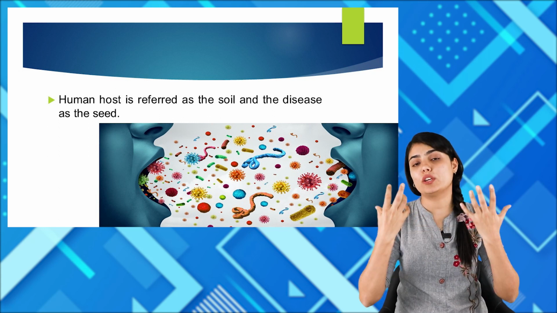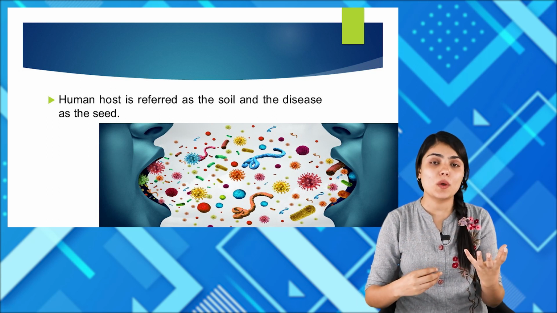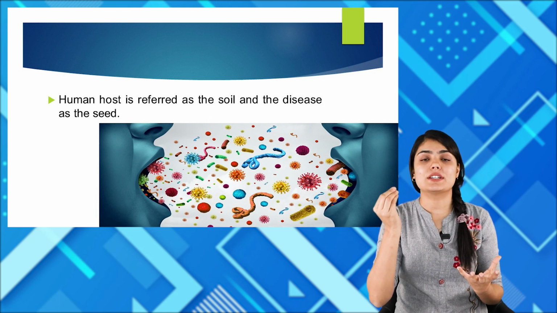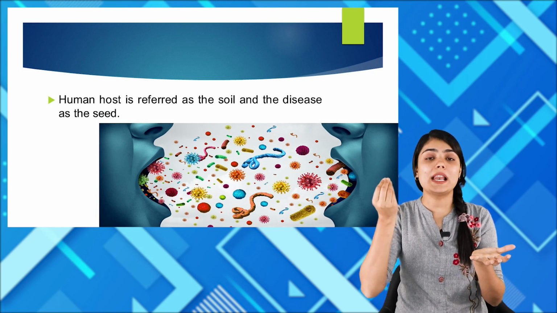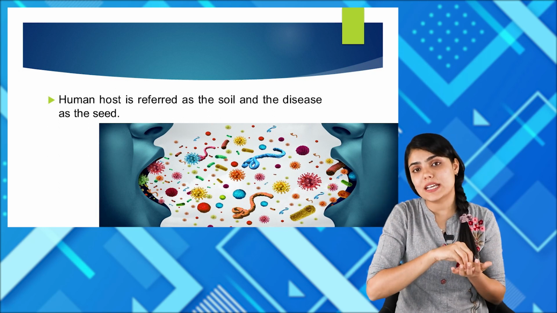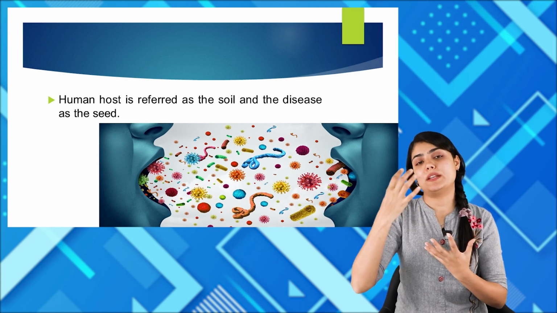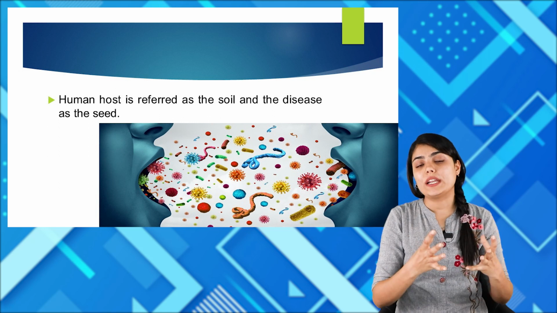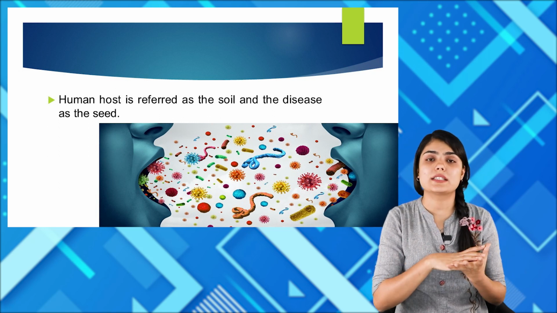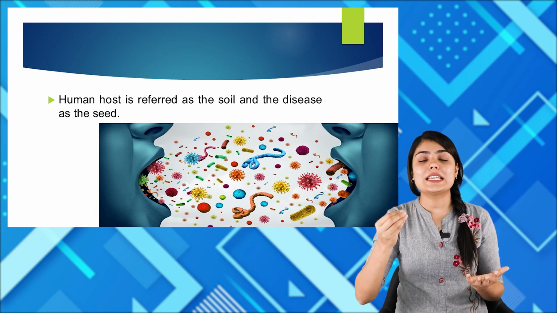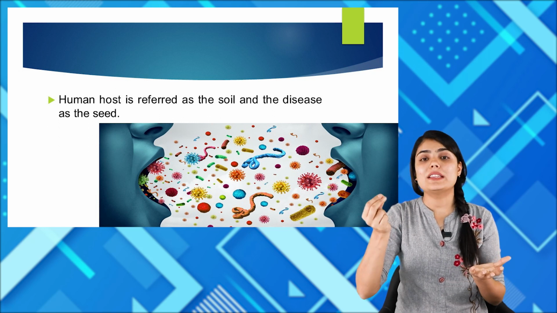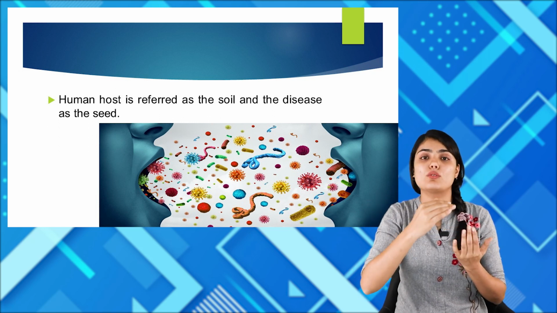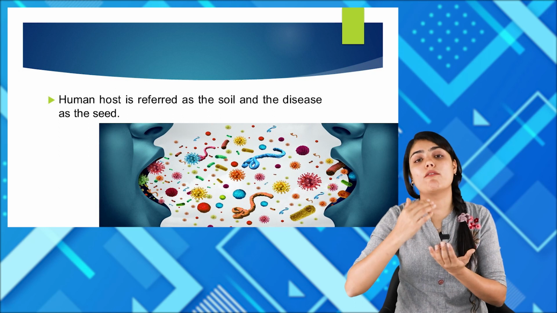The human body, the human host is considered as the soil, and the disease is considered as the seed. So when the seed enters the soil, there will be development of a plant. In a disease scenario, the human host is considered as the soil and the disease is considered as a seed.